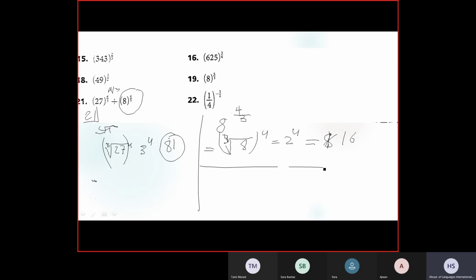Bravo. Now here, what do we have? 27 raised to the power 4 over 3 is 81, plus 16 is 97. Final answer is 97. So here, what did we do? First, we solved the first one. Then we solved the second one. Then we add the answers together.